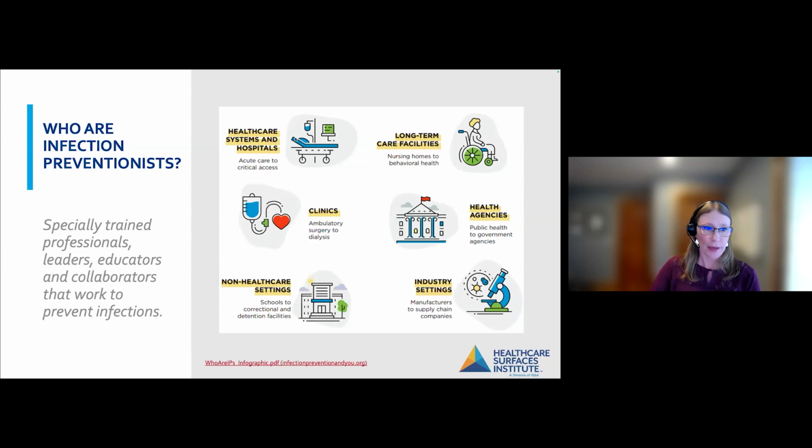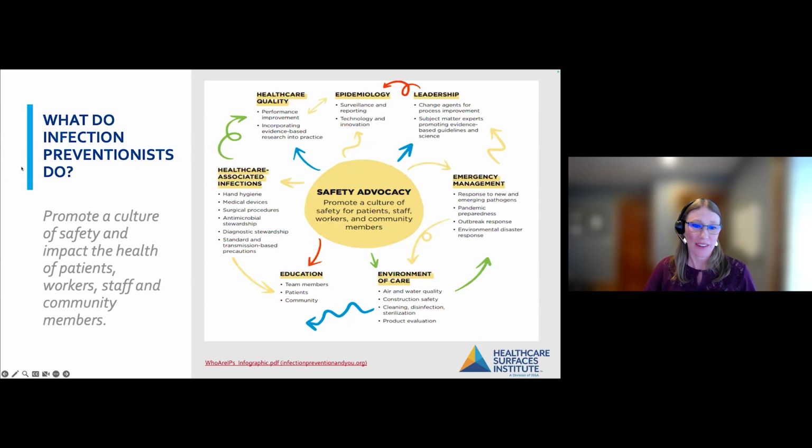So then if you think about what the infection preventionist might be doing in their role, starting on the left-hand side, the area where you might expect an infection preventionist to work is really looking at healthcare associated infections and things like hand hygiene and making sure patients are in the appropriate isolation precautions, or things like ensuring that we're utilizing our testing and diagnostic stewardship and working with antimicrobial stewardship.